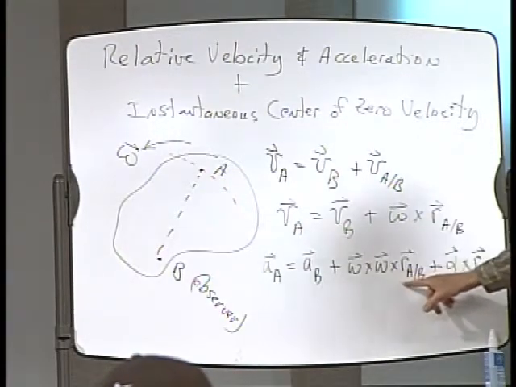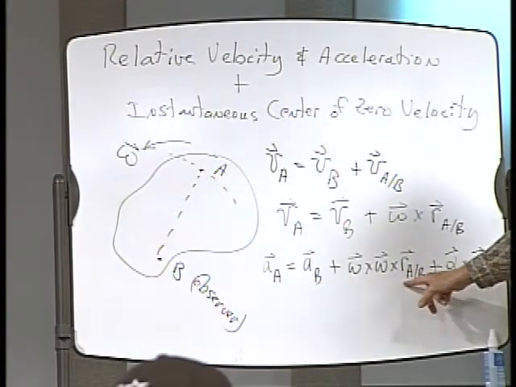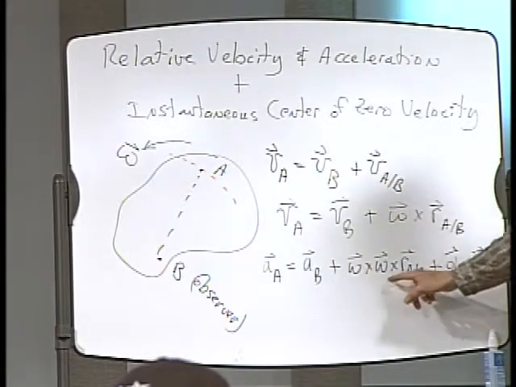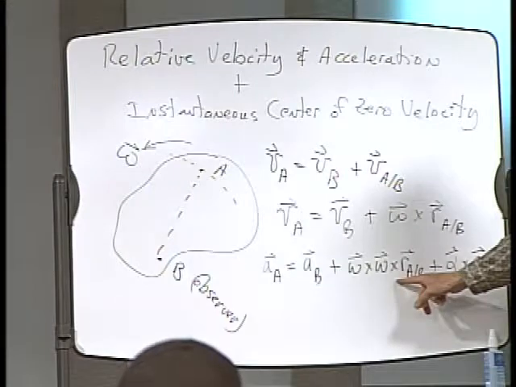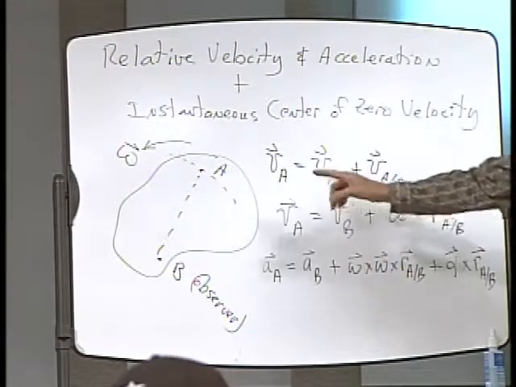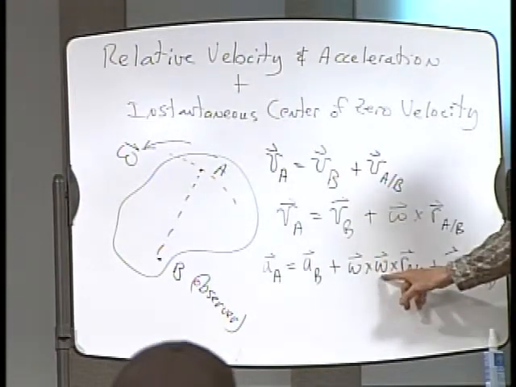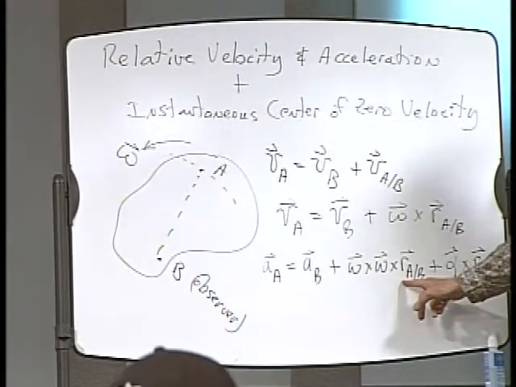This term is a pseudo, I call it a pseudo normal acceleration term because it's not really a normal regarding the path. It's pointing which way? Omega cross r of A relative to B. Which way is this term pointing?